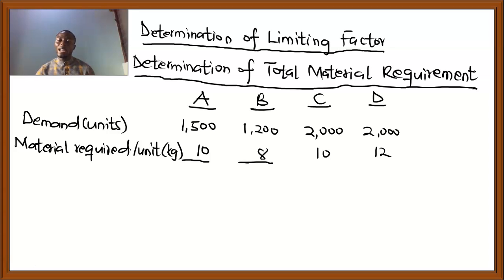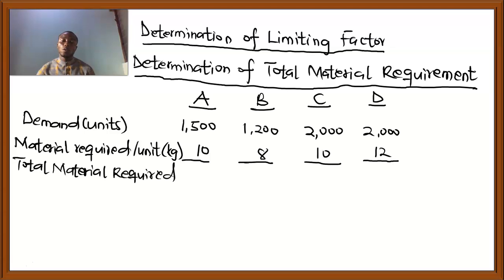Now we multiply them vertically to determine the total material required per demand. So we multiply 1,500 by 10.